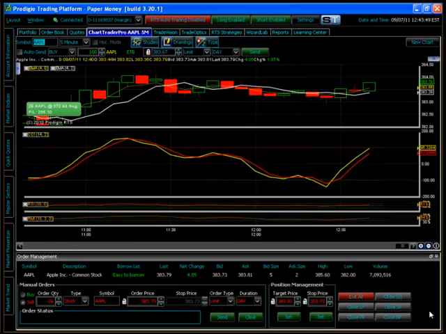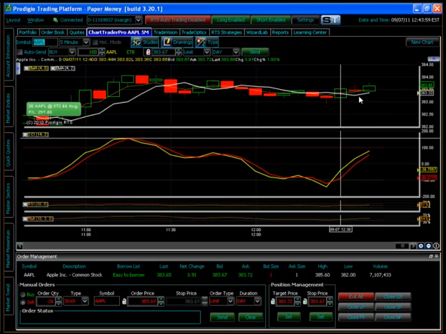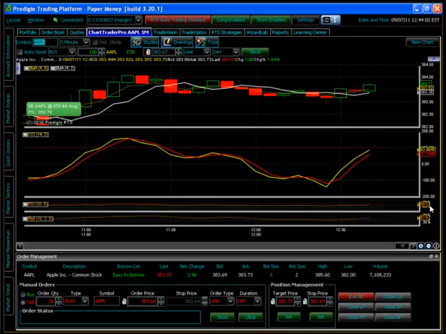This study takes as a very basic tenet of its own philosophy that if something extends in one direction, you are more likely to reverse in the opposite direction. And if something is consolidating sideways, you are already at your mean, and mean reversion doesn't mean anything because you're already at your mean.